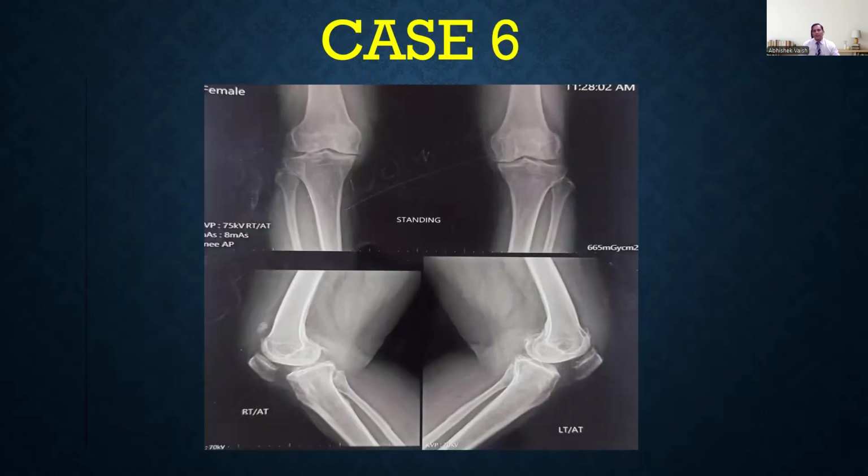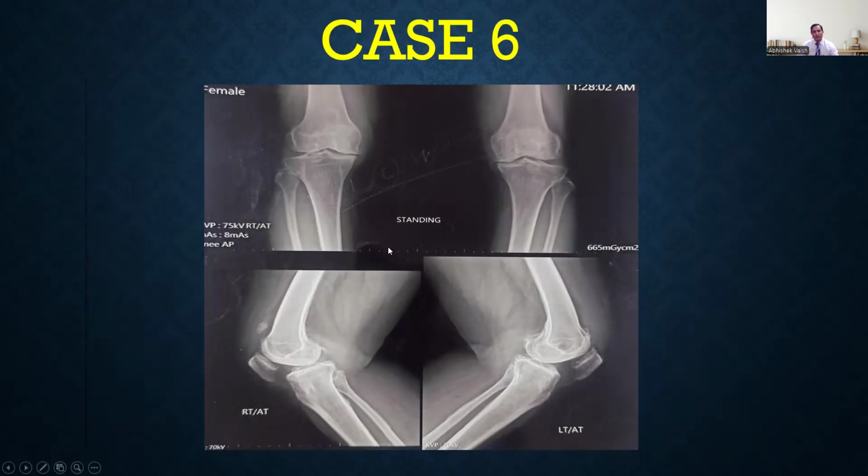Another patient, this is the most common case which you will encounter in your practice. This is a 65-year-old lady with an X-ray of both knees, standing view. So we always order standing X-rays in AP view so that we can know exactly how much loading causes the reduction in joint space. You can see there is some varus in the knee.